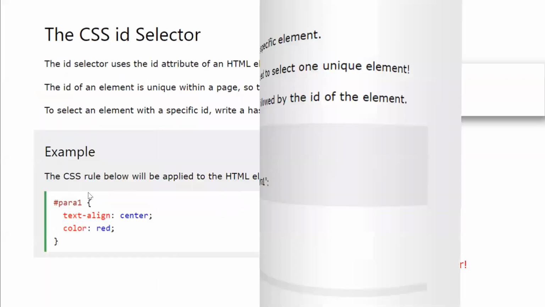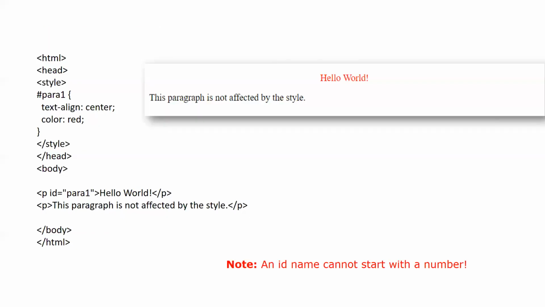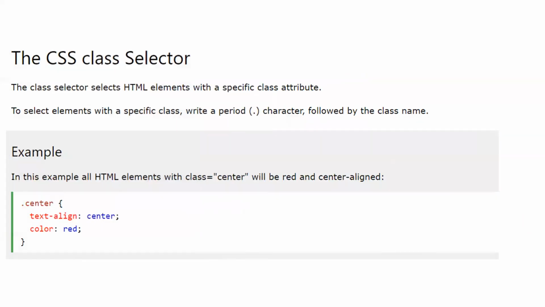So this is the ID selector. Let's move to the next, the class selector. This is very important. Now we have only 7 minutes. The class selector selects HTML elements with a specific class attribute.